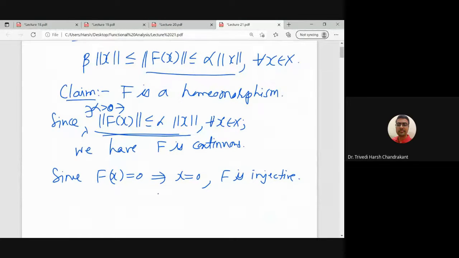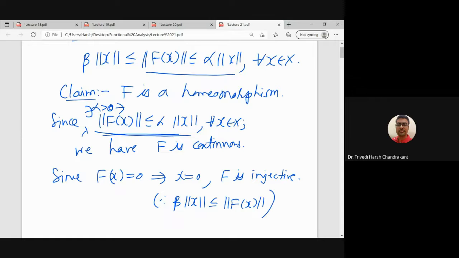What we are using here is the other part, the beta part: beta times norm x is less than or equal to norm of fx.